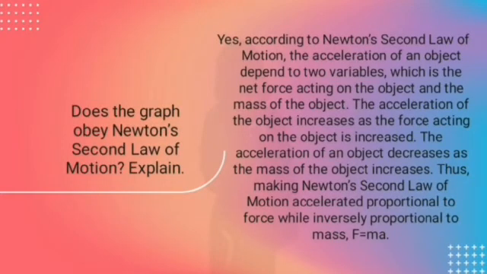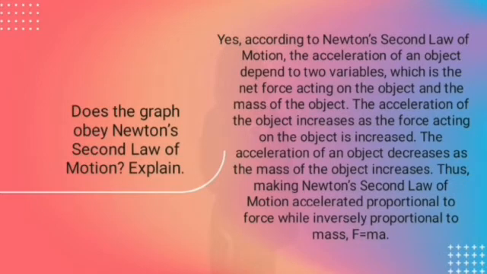Next question is, does the graph obey Newton's second law of motion? Explain. So yes, the graph obeys Newton's second law of motion. According to Newton's second law of motion, the acceleration of an object depends on two variables, which are the net force acting on the object and the mass of the object.